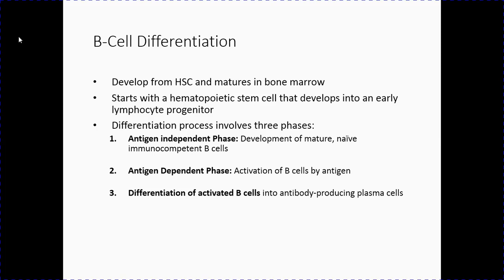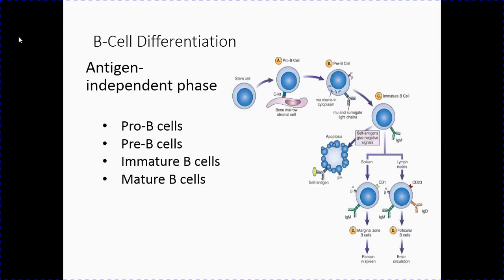So it's antigen independent. The maturation takes place without having seen an antigen ever. The antigen-dependent phase is our actual activation of B cells once one encounters a foreign antigen. And then we can further have differentiation of activated B cells into antibody-producing plasma cells and even memory cells.